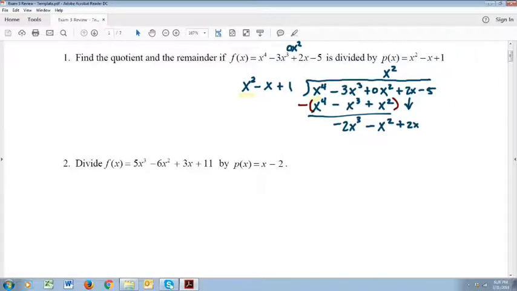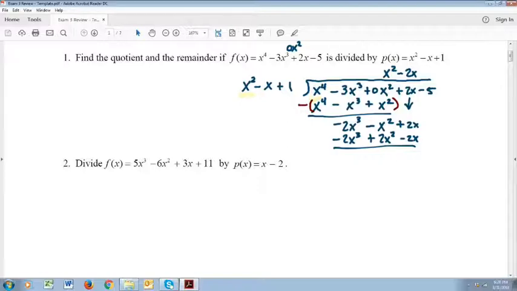So now we look at the minus 2x cubed and ask ourselves what times x squared gives us minus 2x cubed, and that would just be a minus 2x. When we multiply, we get a negative 2x cubed plus 2x squared minus 2x.